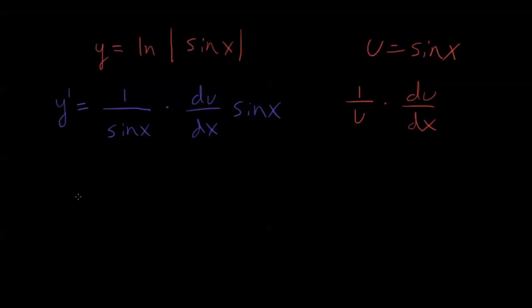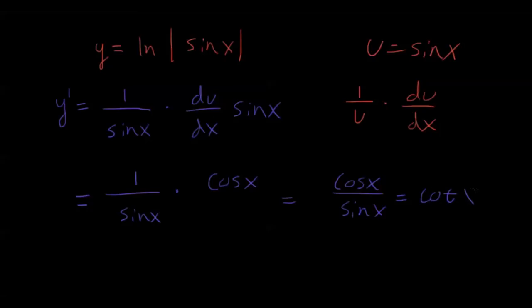That is going to be equal to 1 over sine of x times cosine of x, since du over dx of sine of x is just cosine of x. And cosine of x over sine of x is equal to 1 over tangent of x, which is equal to cotangent of x. And that is our final answer.